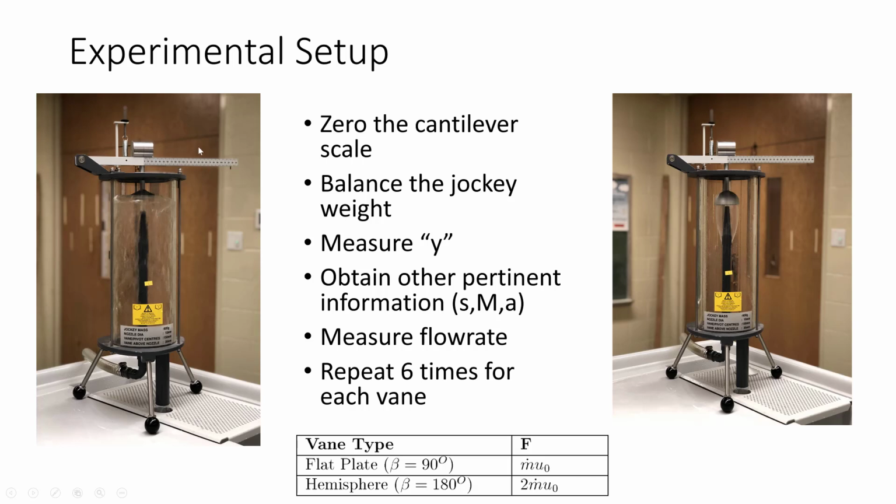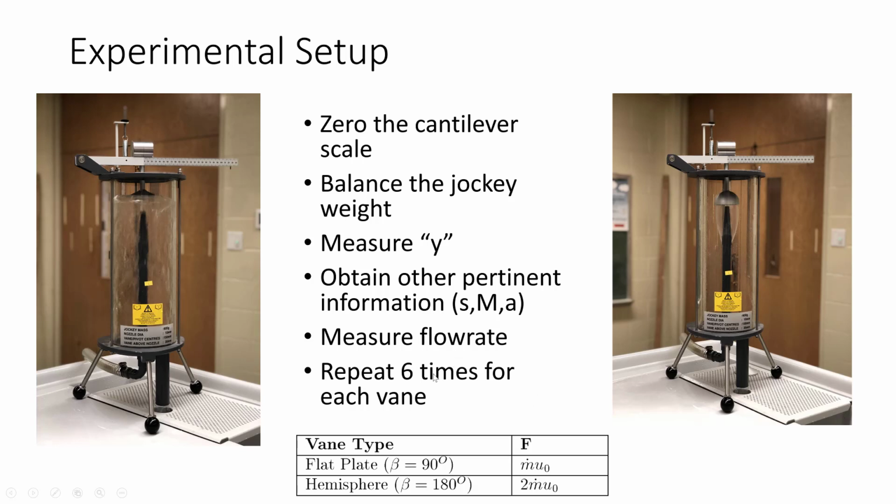So we're going to move this weight and make sure that it counterbalances the moments. So the moments are equal at that point. And then you get the mass and the required distances from our handout, and then we measure the flow rate volumetrically. This time we are going to use the reservoir that's out here to measure our flow rate.